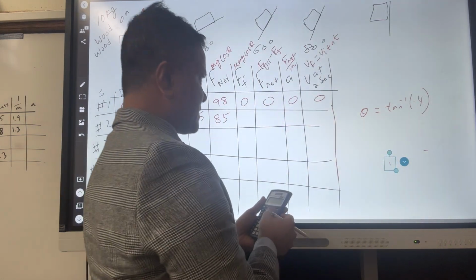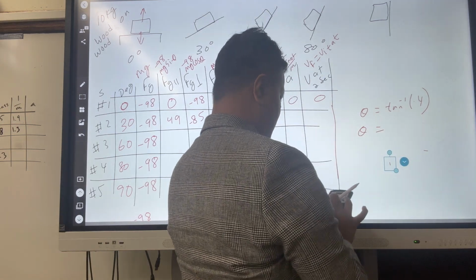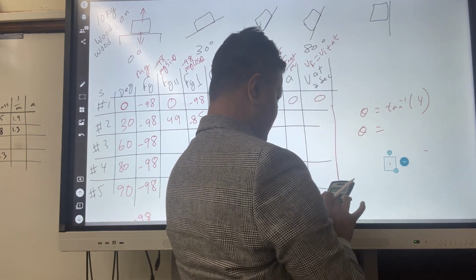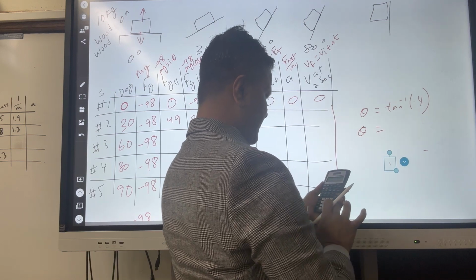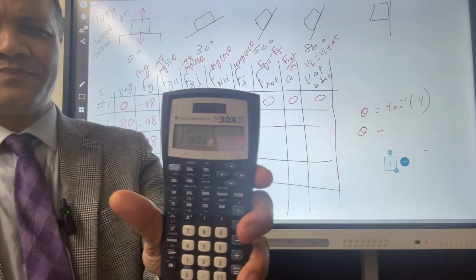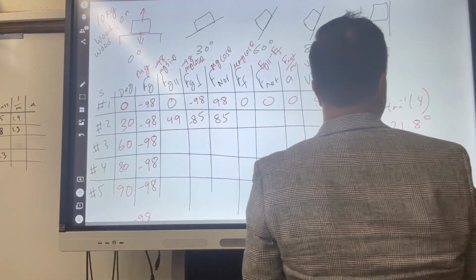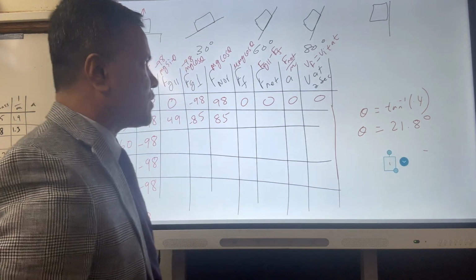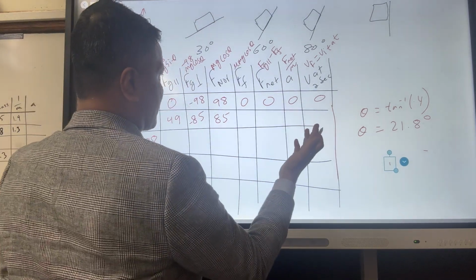Okay, so what does that mean? The angle is inverse tan 0.4. That's 21.8 degree. If theta is more than 21.8 degree, then the body would be accelerating.